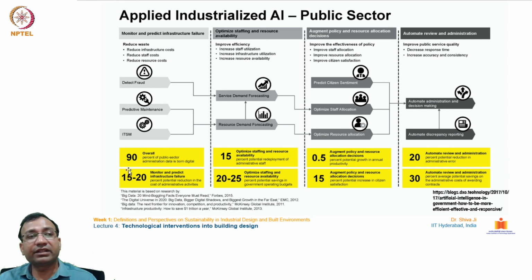Finally, in the numbers we will see, in an overall sense, 90% of public sector administration data is born digital. For monitoring and predicting infrastructure, a 15 to 20% potential reduction in the cost of administrative activities is possible through these measures, by detecting fraud beforehand and going for predictive maintenance, etc. In the second column, optimizing staffing and resource availability, a 15% potential redeployment of administrative staff and 20 to 25% potential savings in government operating budgets are possible.